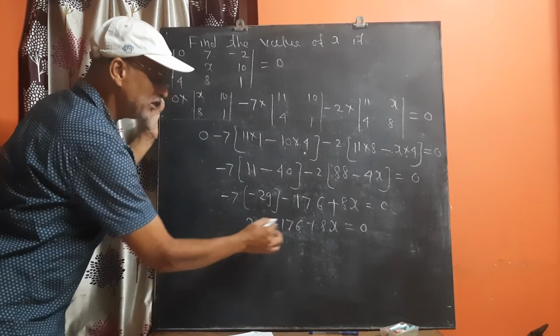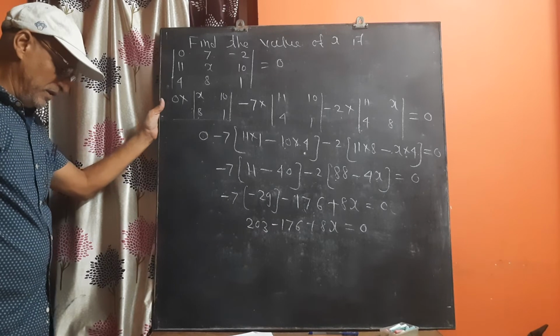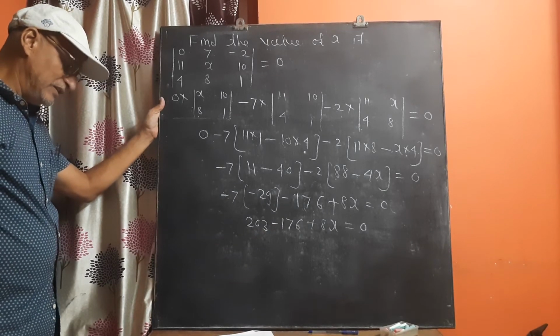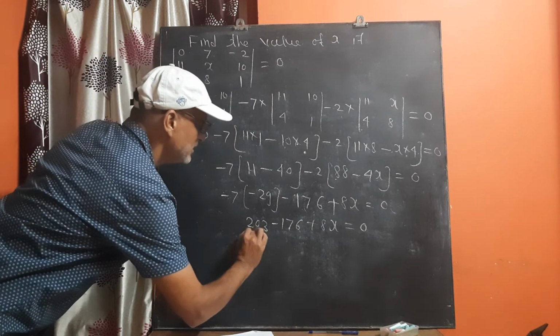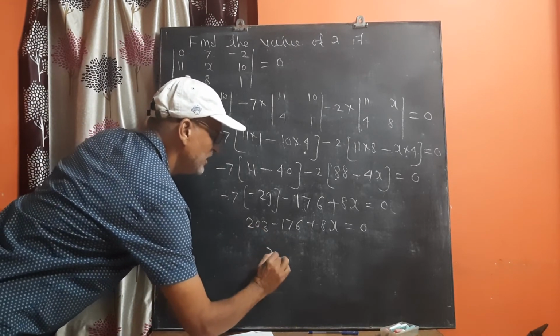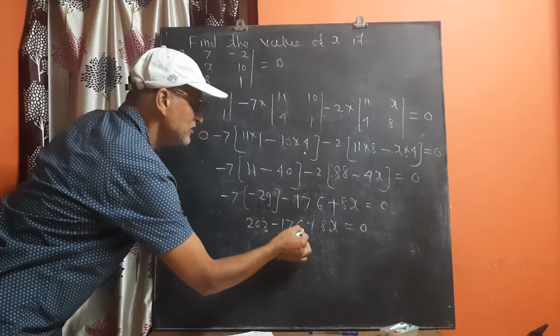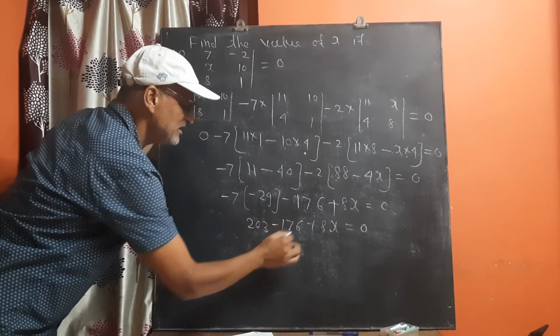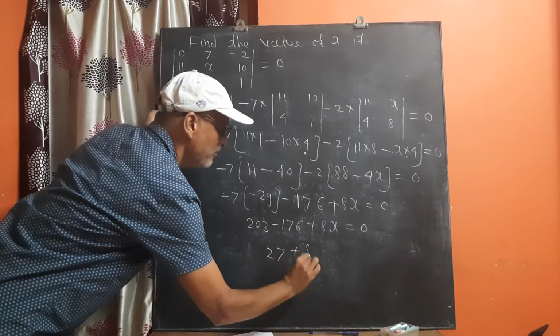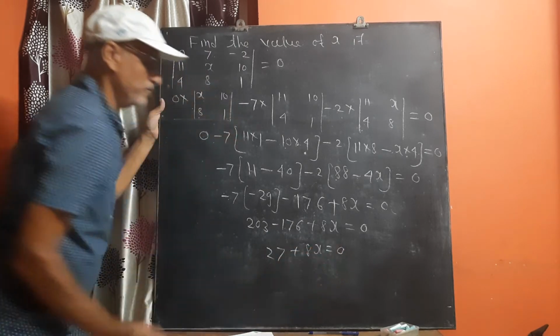Now 203 minus 176, that is 27. So 27 plus 8x equals to 0.